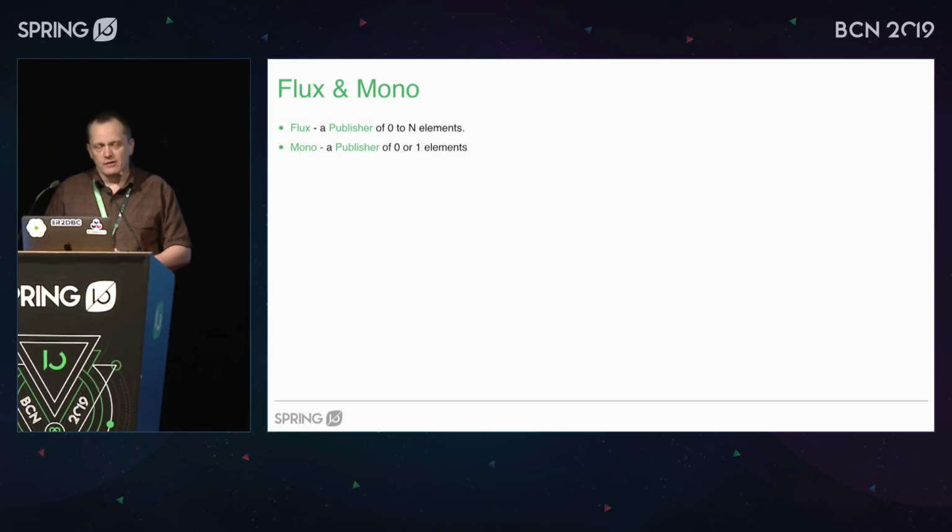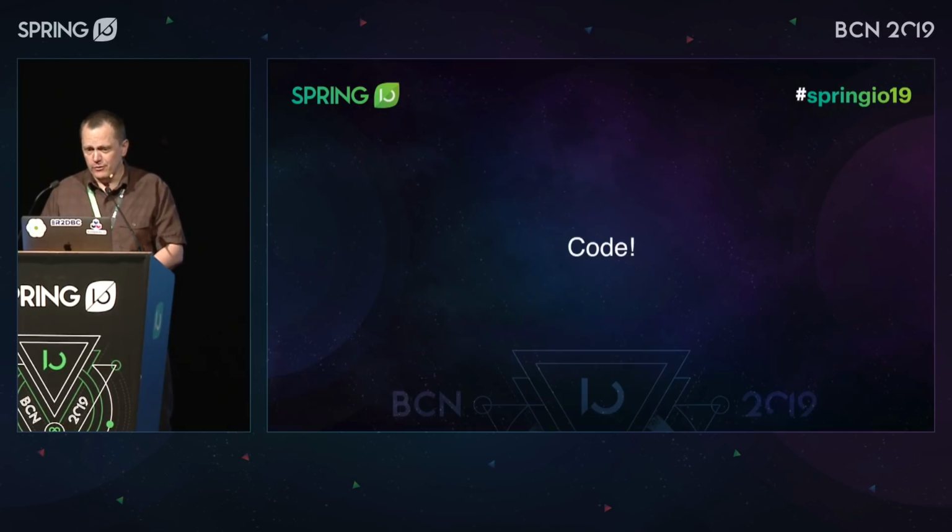And I found using it that it also helps me get into the right mindset: if I know I'm dealing with Monos, then I'm thinking, okay, I need to think about one value coming back, and I need to handle the fact that if nothing comes back, that's a separate case. So it's useful both from a code and from a philosophical perspective, I guess. We're going to look at both of those in a moment.